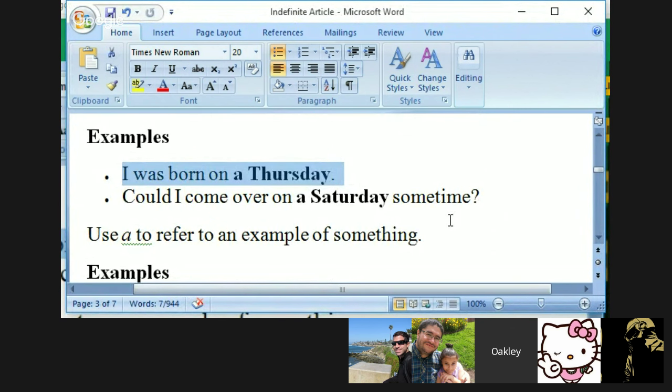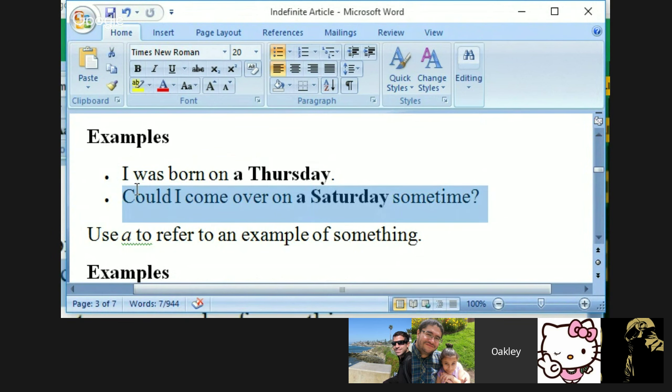Okay, great. No problem. Could I come over on a Saturday sometime? Any Saturday. So we don't know exactly which one. That's the idea. Again, following a specific member of the group, we're going to be using a or an.